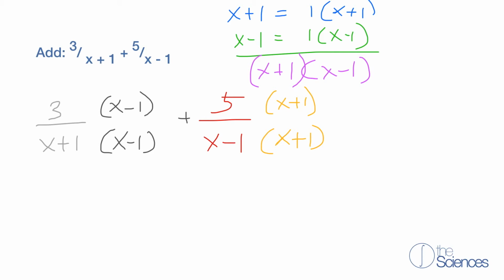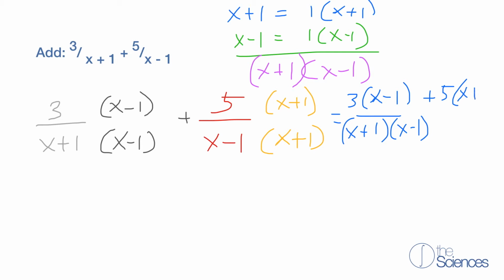So now what we have is 3(x minus 1) over (x plus 1)(x minus 1) plus 5(x plus 1) over (x plus 1)(x minus 1).